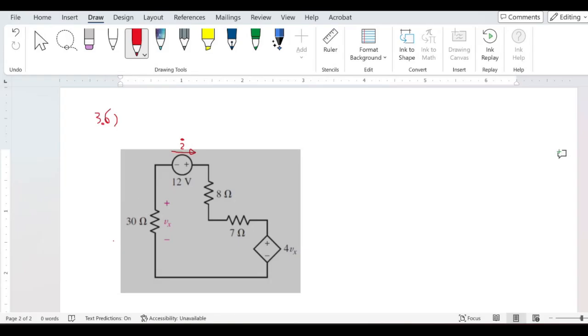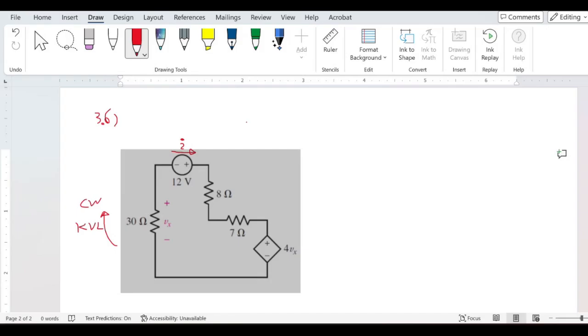So the next thing that I would like to do is write a KVL, right? A KVL is a balance of voltage. To do so, I also consider a clockwise direction for my KVL, and I'm going to add the voltages one by one, starting from the 30 ohm resistor.